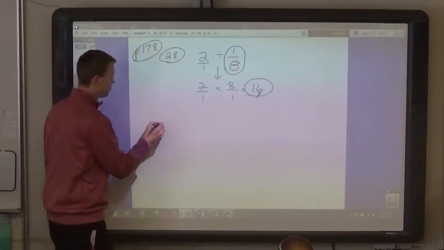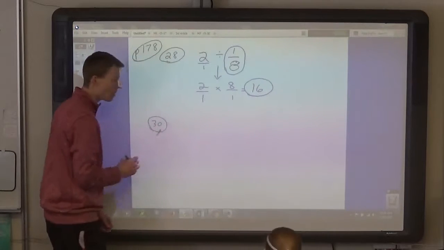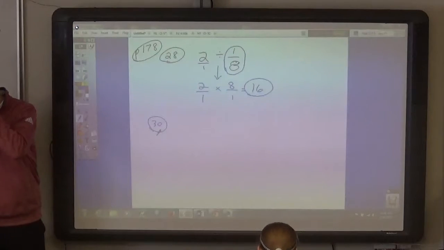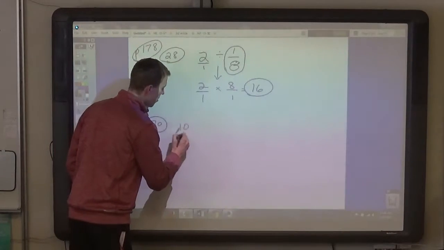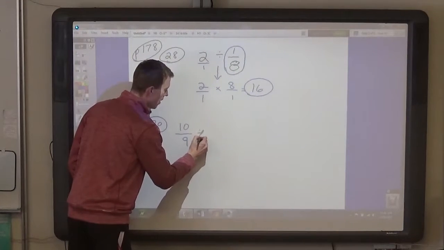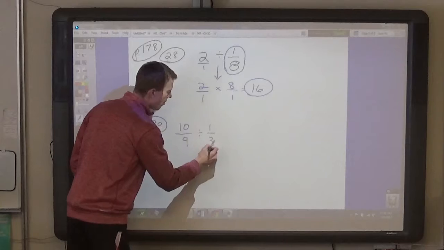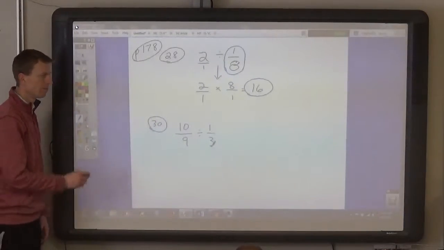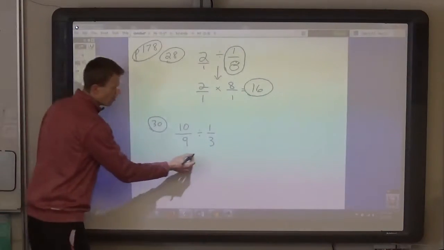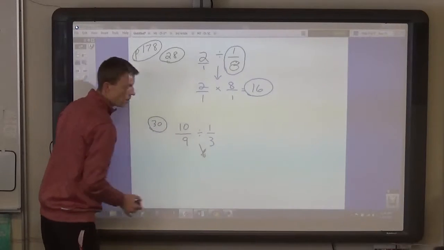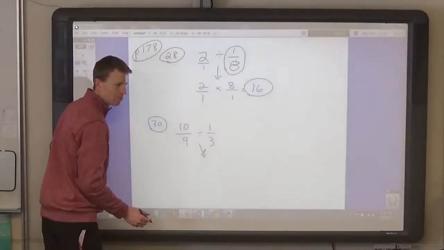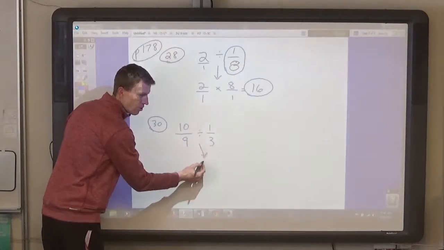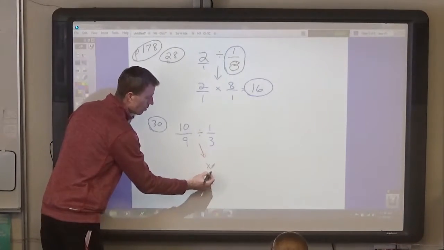Number 30. Let's not forget when we're multiplying that you can factor also. So 10 over 9 divided by 1/3. We would change to what, Sophie? Division to multiplication.